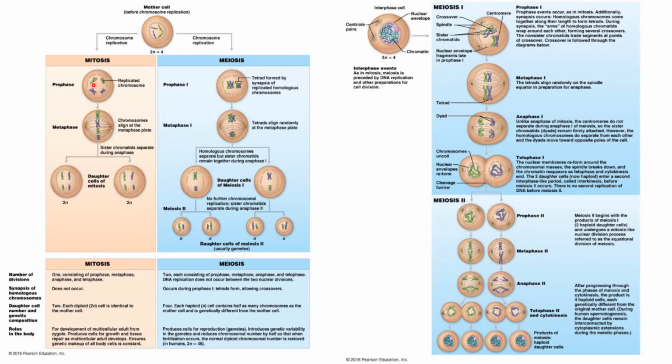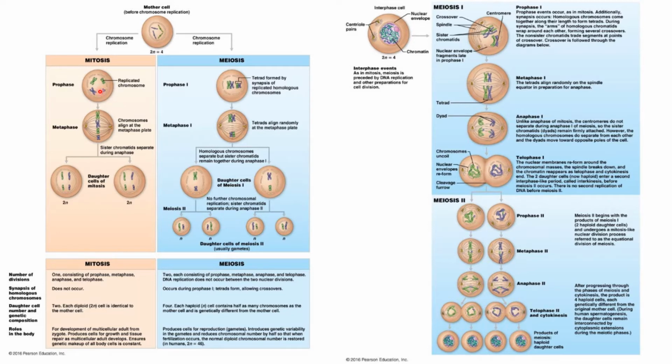So if this is the parent cell, and this parent cell contains all the chromosomes, so it's a diploid cell, it's going to divide, and the result is going to be two daughter cells that are also diploid, and they are identical to each other, and they are identical to the parent cell.